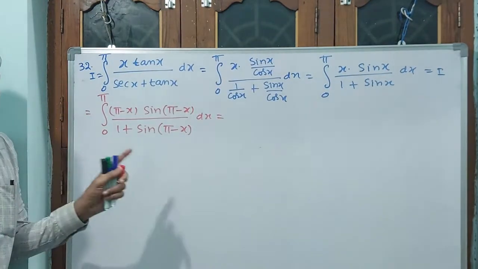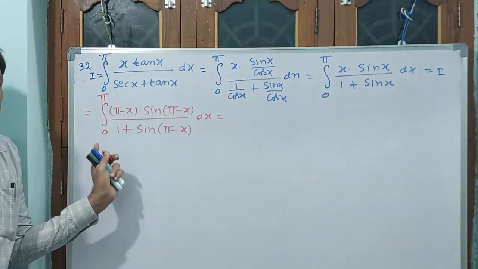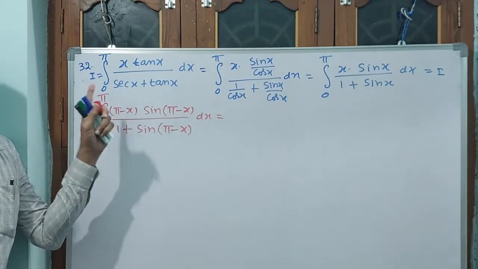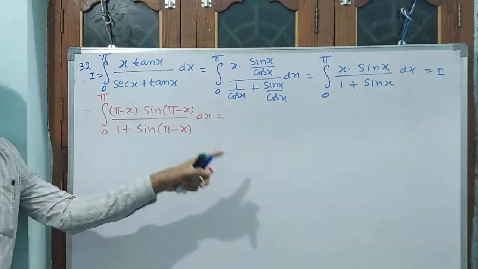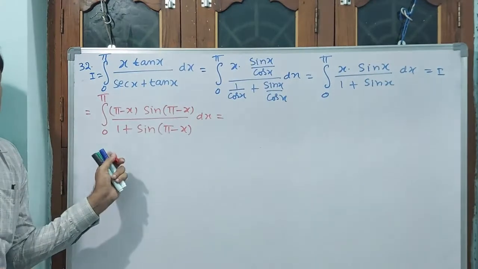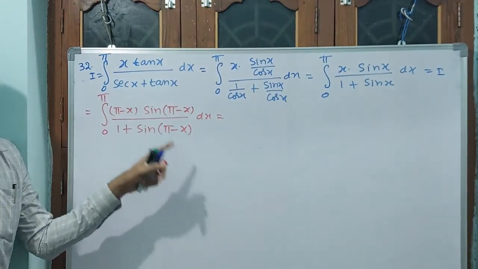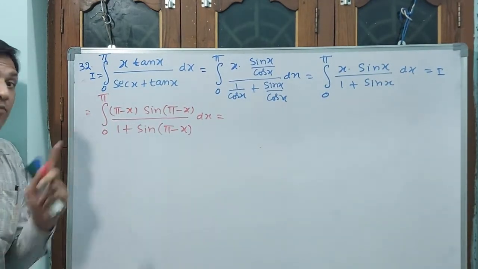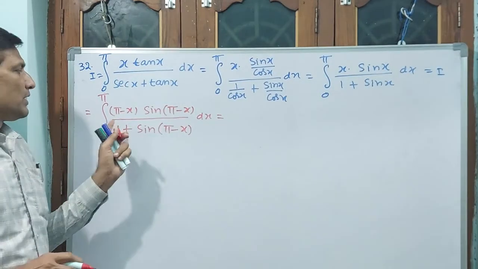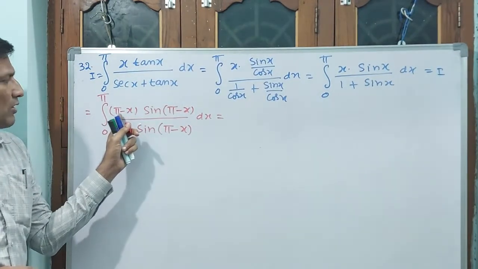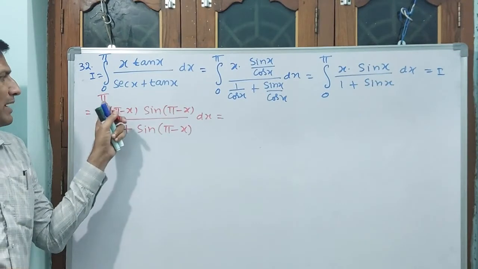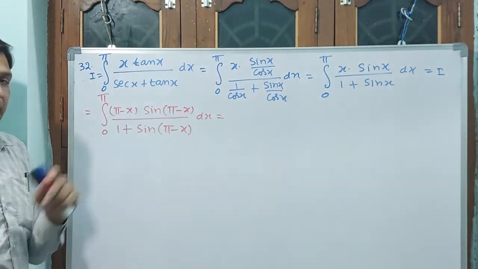You tell me. Why? Because we have got one property. Integral a to b f of x dx is equal to f of a plus b minus x dx, or else integral 0 to a f of x dx is equal to f of a minus x dx. That we know. Okay? Wherever x comes, there only it is going to change to pi minus x. 0 plus pi minus x, pi minus x, pi minus x.